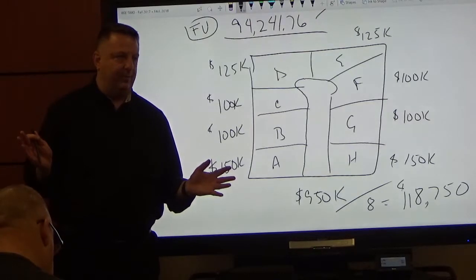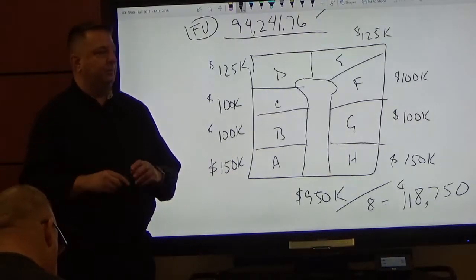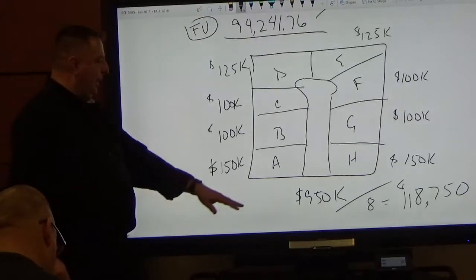Does that make sense? So then their loan amount is based on that? The loan amount is based on the 950.